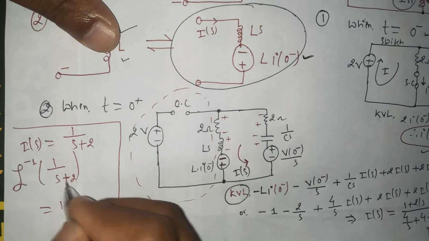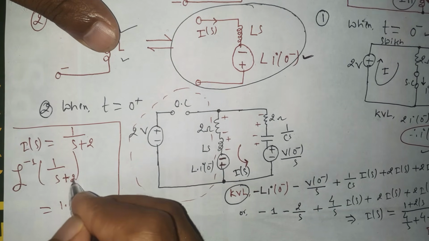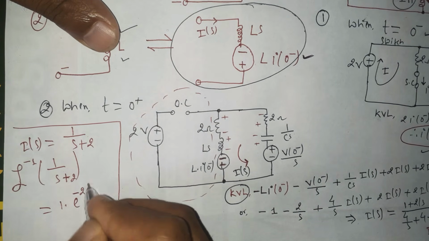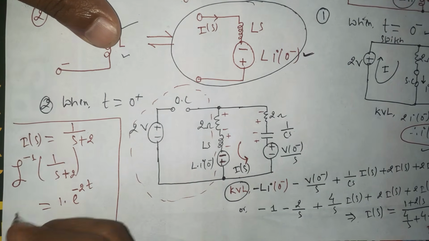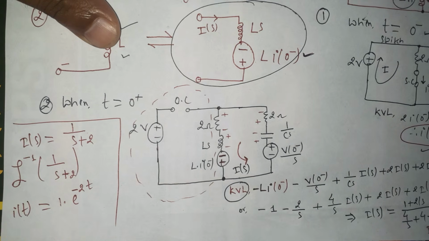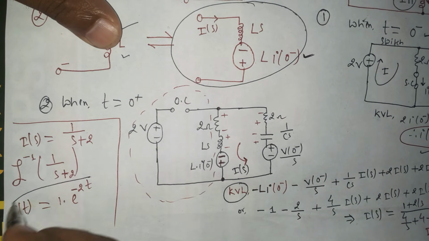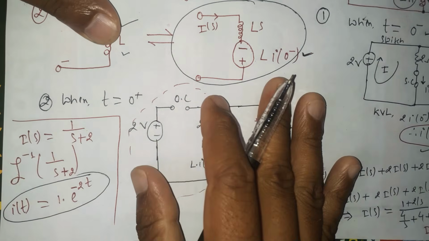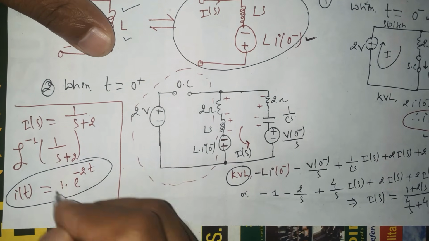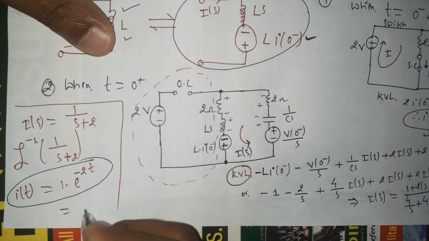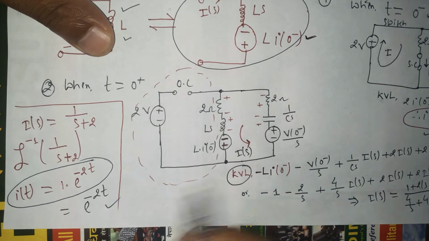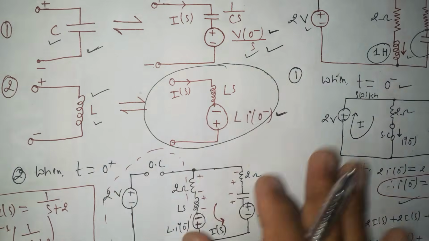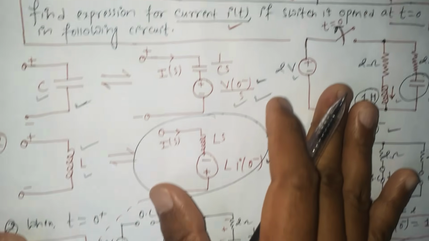This is the final expression for the current. Therefore the expression of current I of t in the time domain is just e to the power negative 2t. It is the required answer of this question.